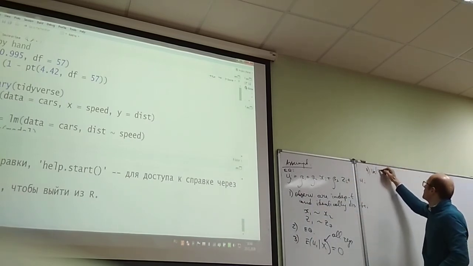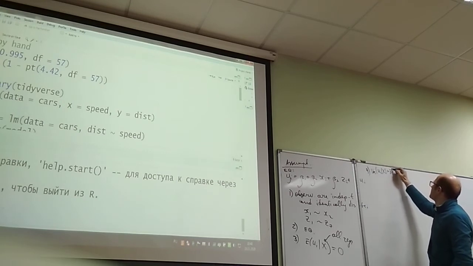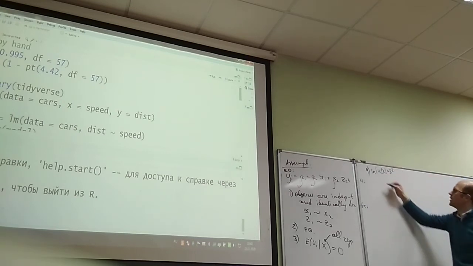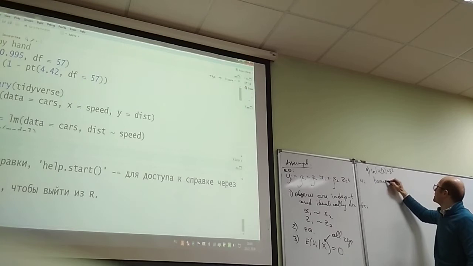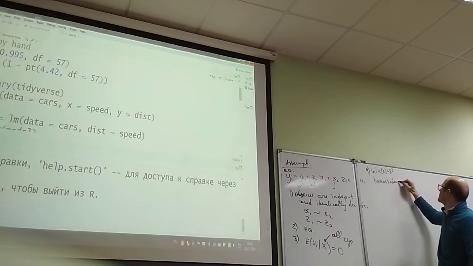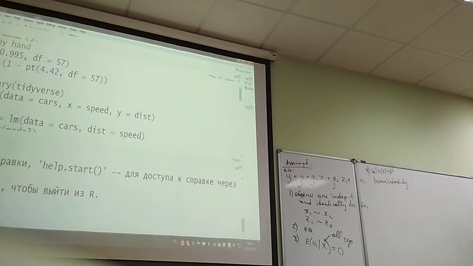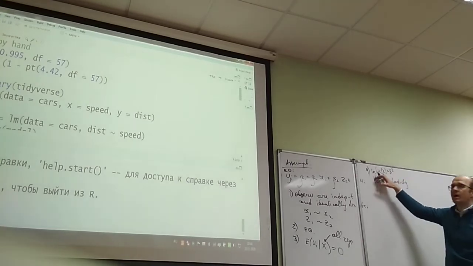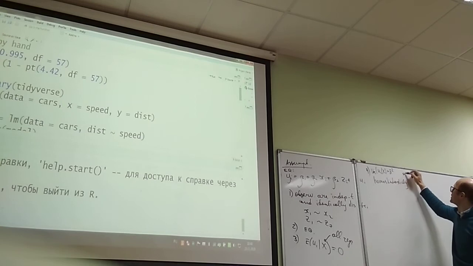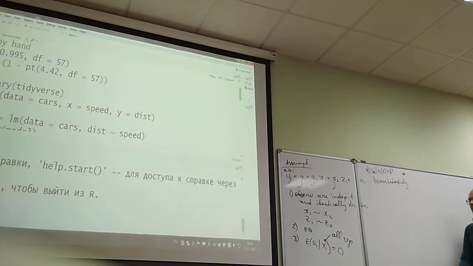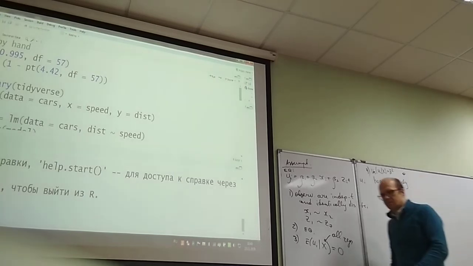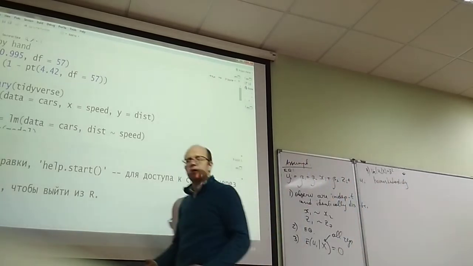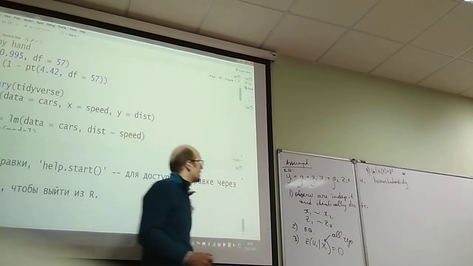Variance of u given x is sigma squared. This assumption is called homoscedasticity. And later today we will see what happens when this assumption is violated. So we will first assume 4, and some moments later we will talk about what will happen if 4 is violated.